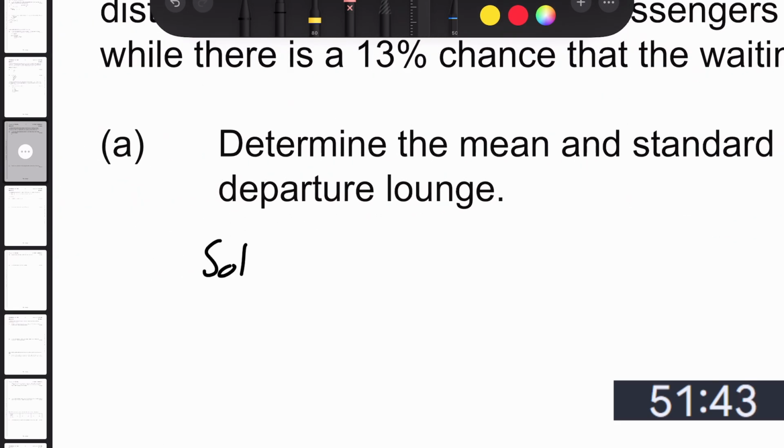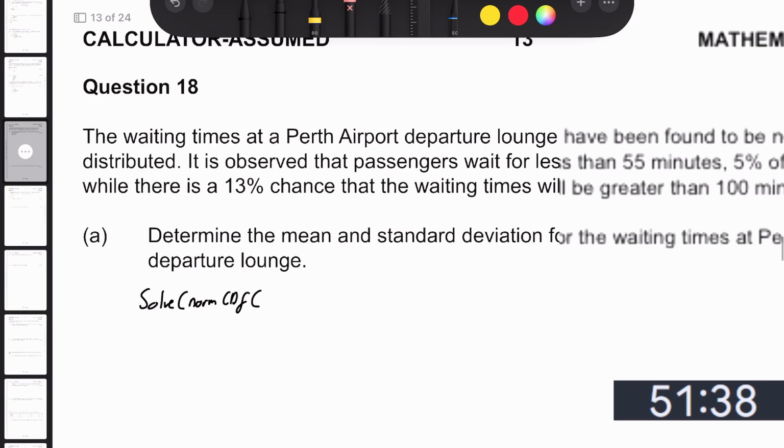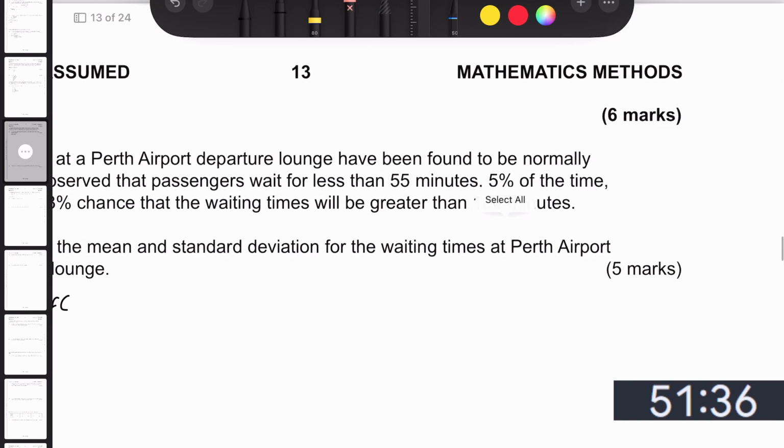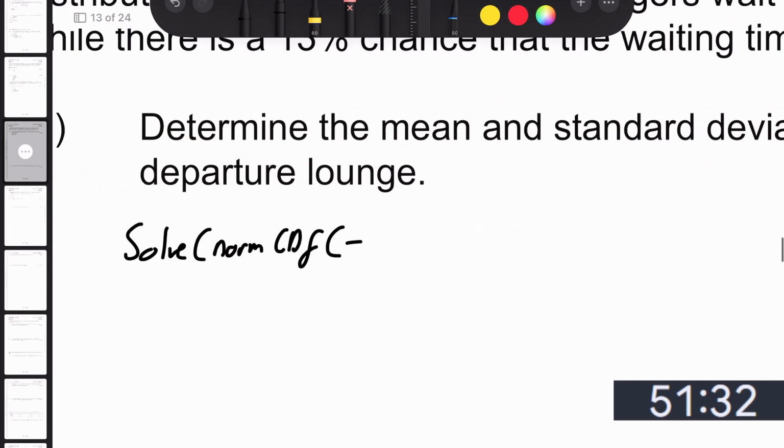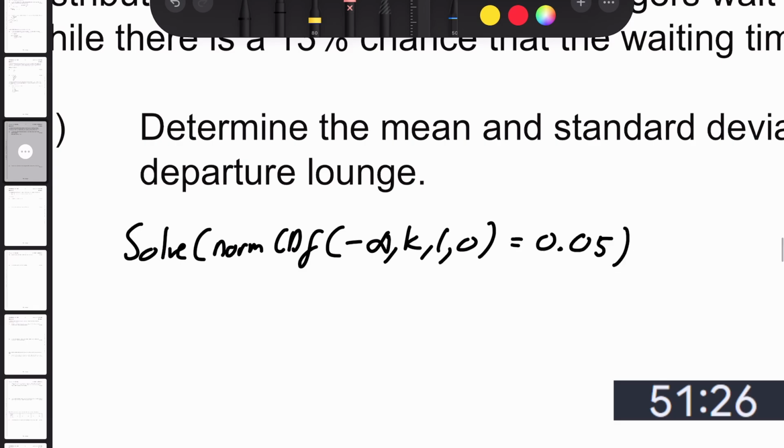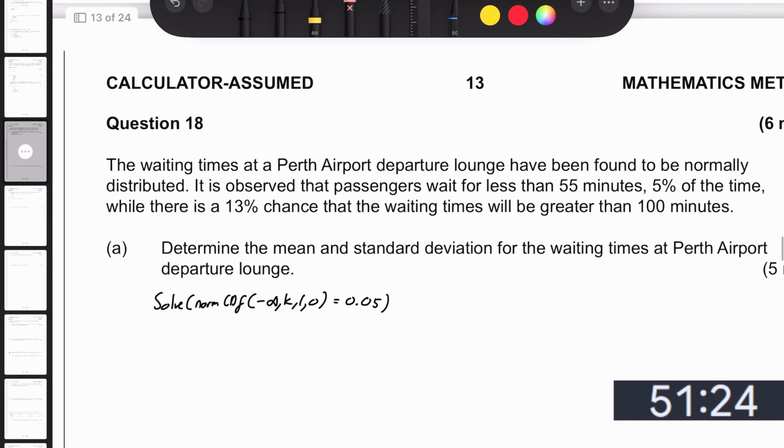Okay, first of all, I'm gonna do solve norm CDF. I'm gonna find out the k value for this 5% of the time, and it was less than 55. So I'm gonna go negative infinity to k of 1, 0, 0.05. I think you can also do this like an inverse left, and then you put in the percentage.